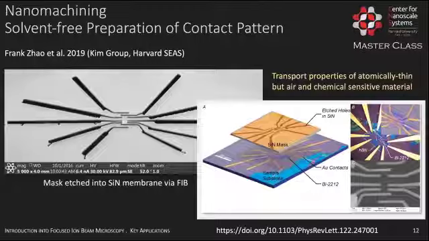And so he is using a printing technique where he cuts a complicated pattern into a silicon nitride membrane via focused ion beam and uses that membrane in a microscope setup to very precisely position the contact area and then makes a contact.